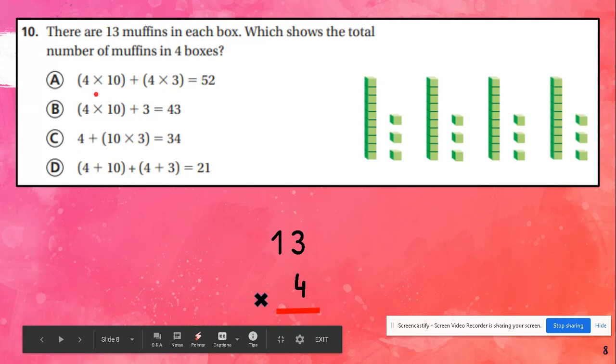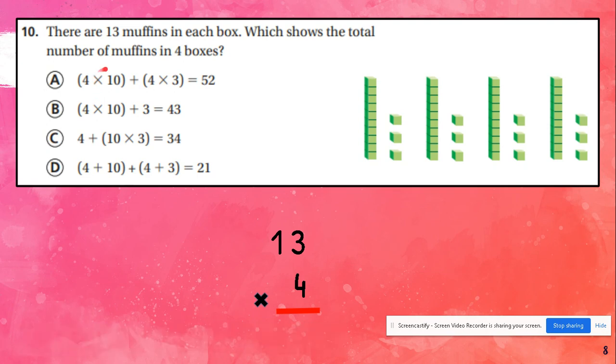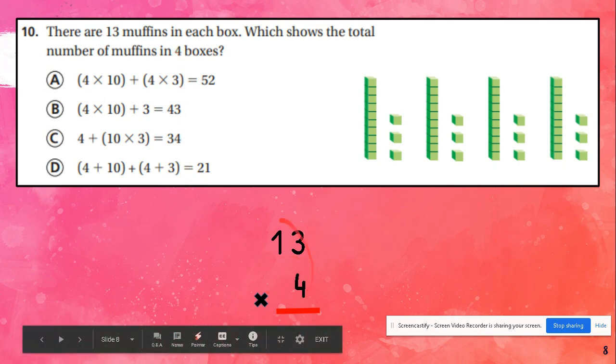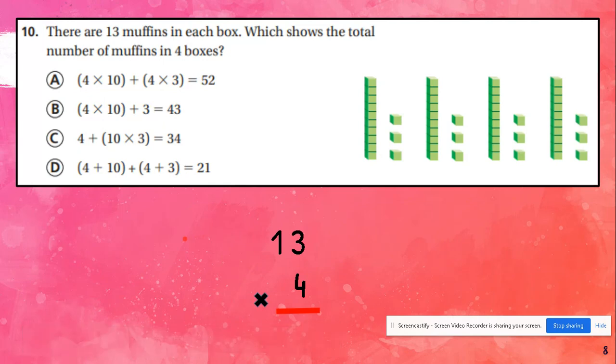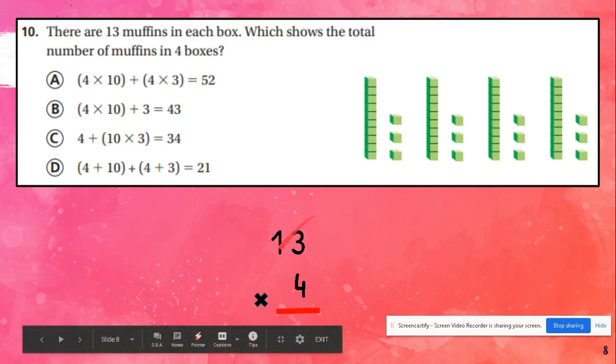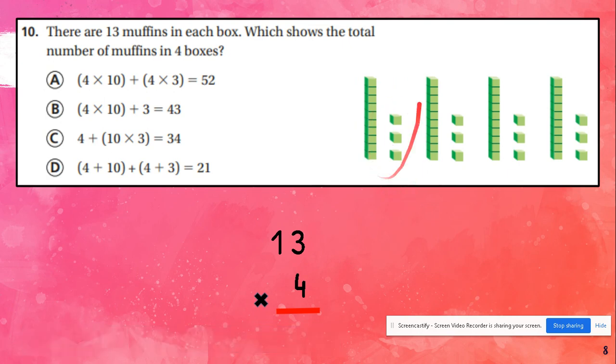On this side of your equation, they broke down the 13. How can I get 13? How can I get 4? So that it can equal my answer. The easiest way to do is regular multiplication or draw your picture. 4 groups and 13 in each.